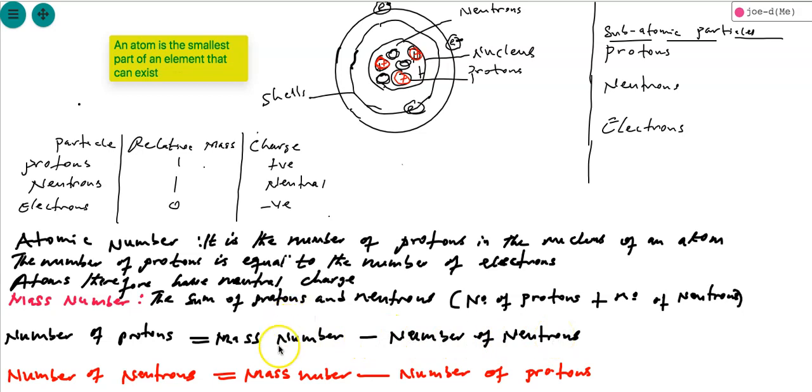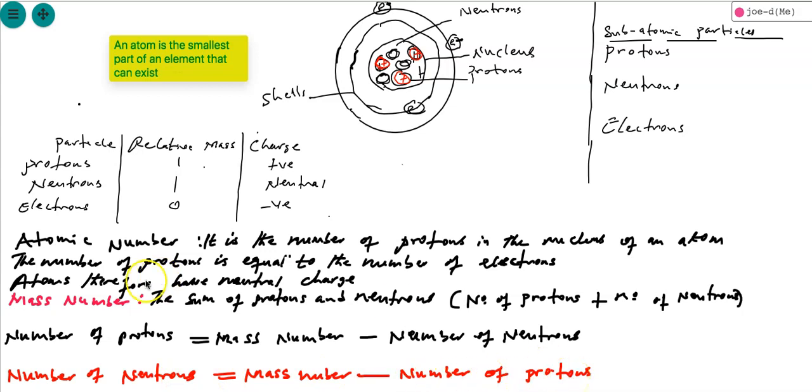So if we know the mass number and the number of neutrons, we can work out the number of protons. Again, we can also rearrange the equation and find the number of neutrons if we know the mass number and the number of protons. So the number of neutrons equals mass number minus number of protons.